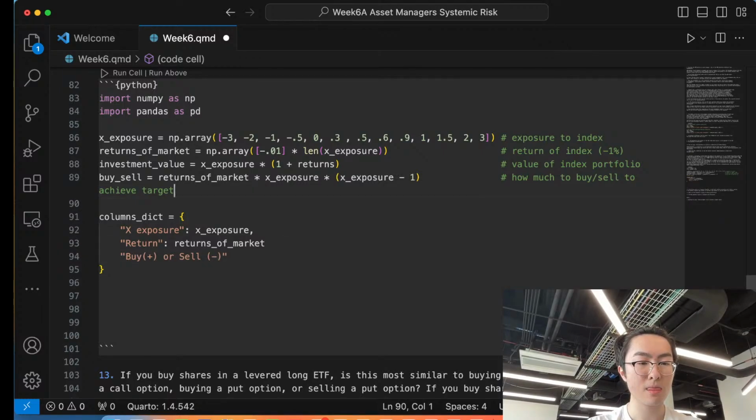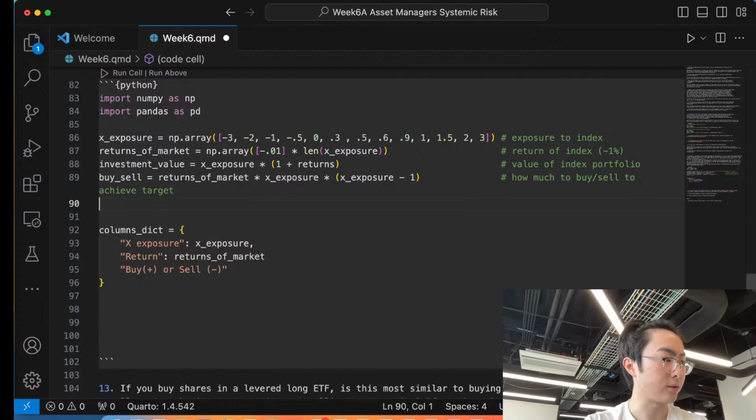Oh, okay. So if it's stabilizing, it seems like destabilizing is going in the same direction as the market.